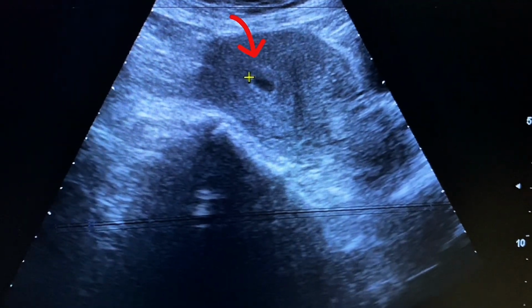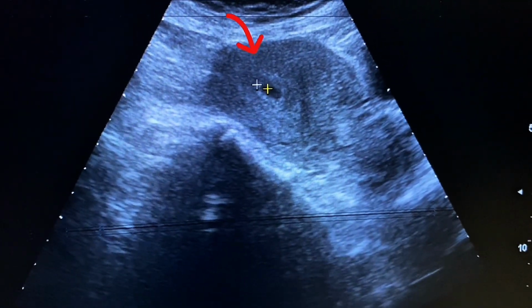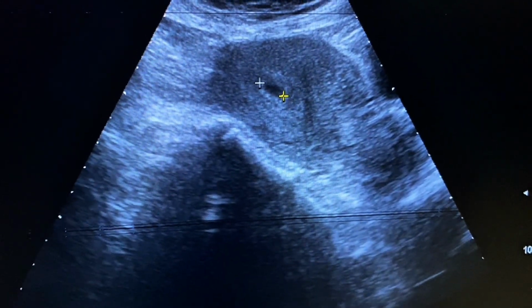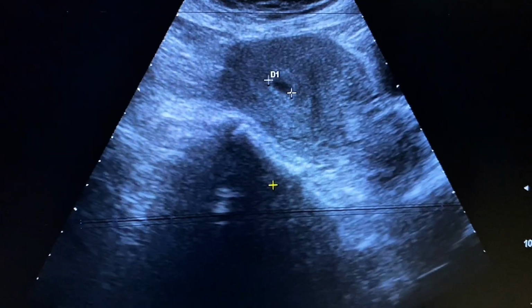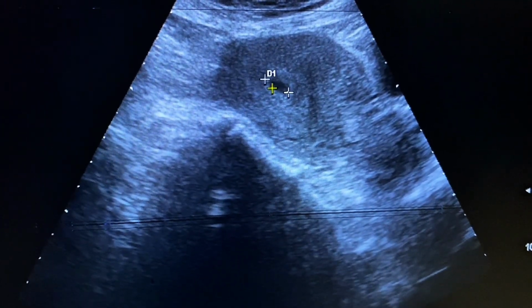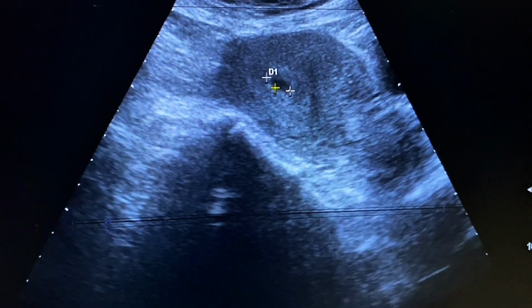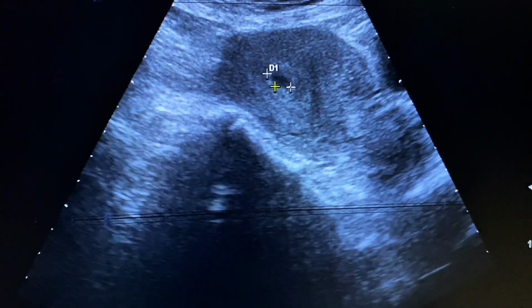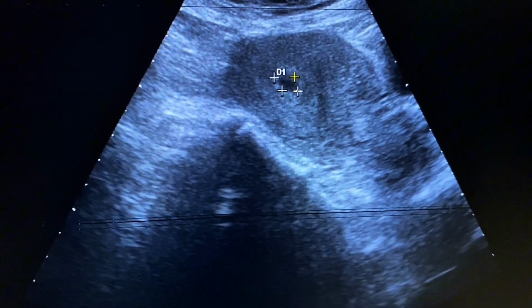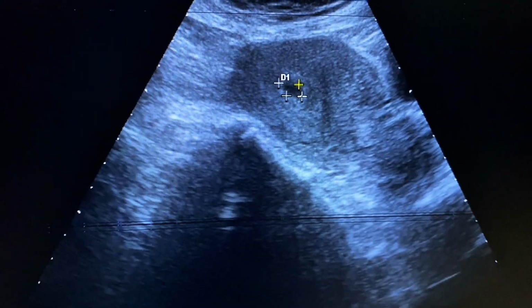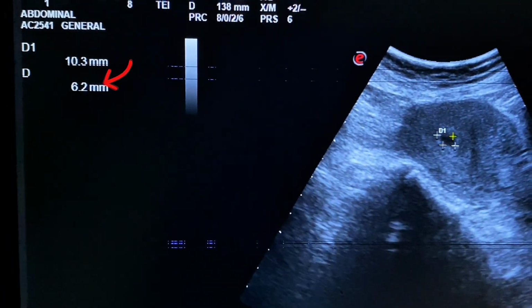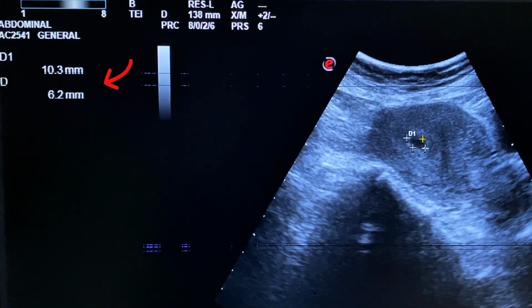Now we will measure the size of this cyst. The size of this cyst is 10 into 6 millimeter.